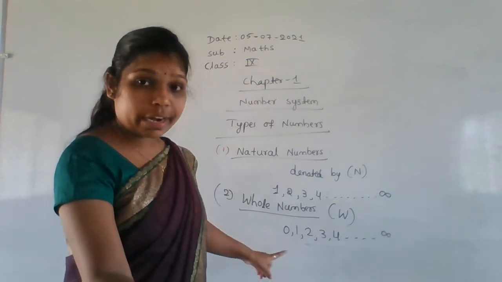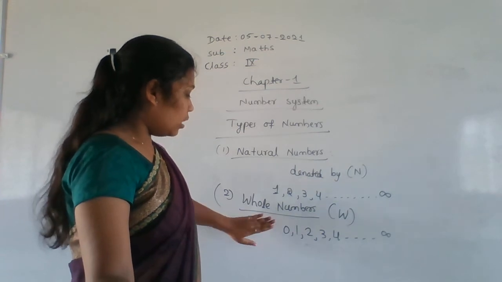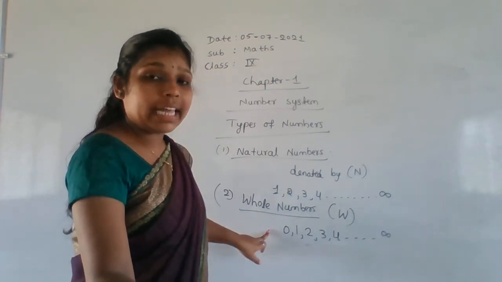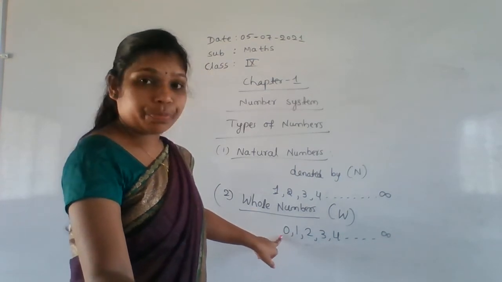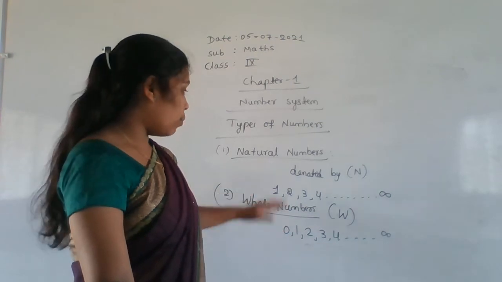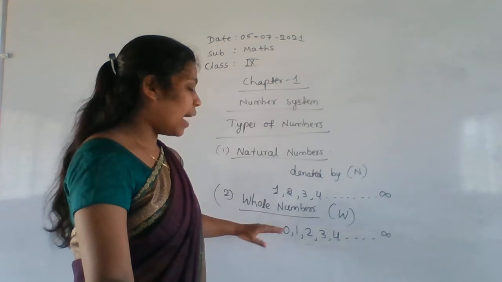Only 0 is included in whole numbers, right? The whole numbers are nothing but natural numbers plus the extra part, 0. Nothing else is changed. Only 0 is the difference between natural and whole numbers.